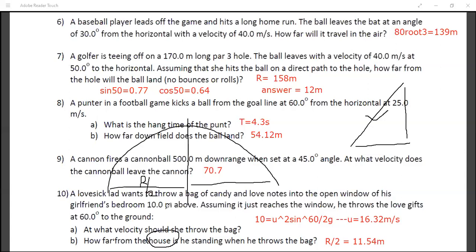So from the maximum height you get the velocity. And since it has to reach, you should know at what half range he has to stand so that the packet reaches over there. So it should be r by 2. Yeah, and you have to apply the range formula. Yes, correct. And just divide by 2, you will get your answer.